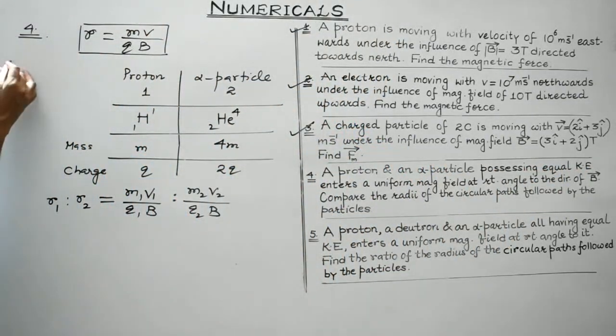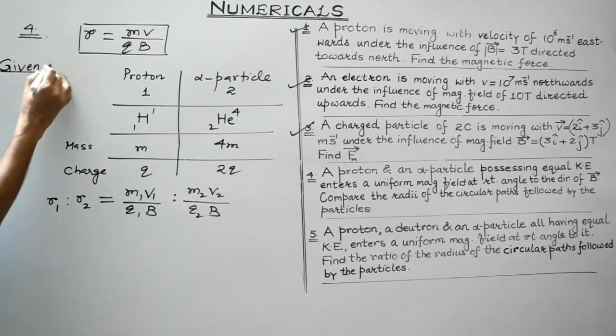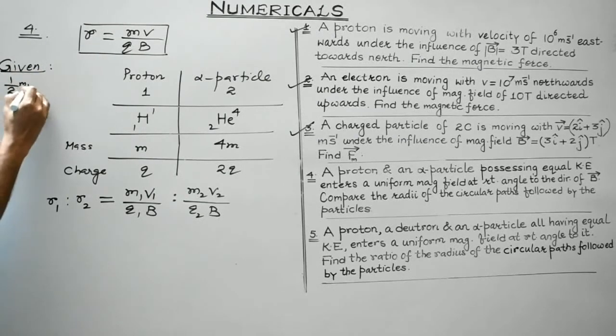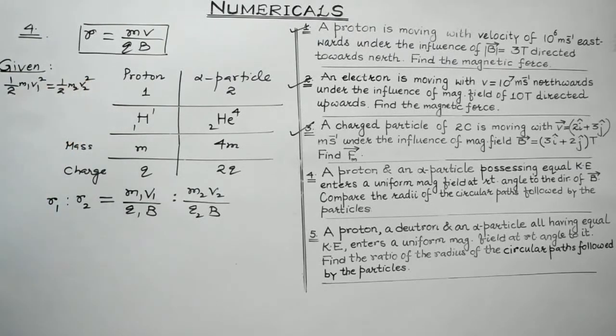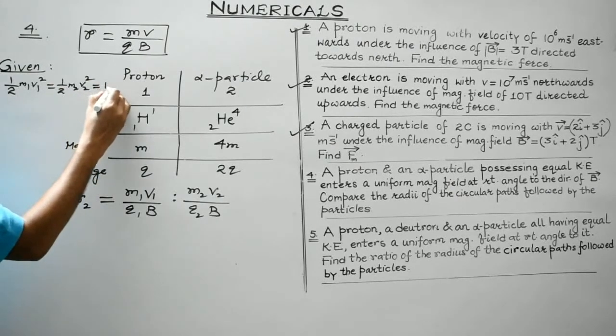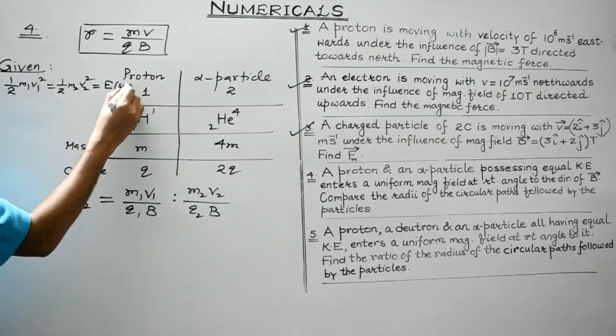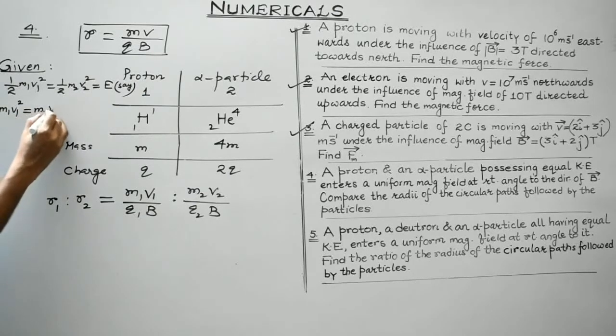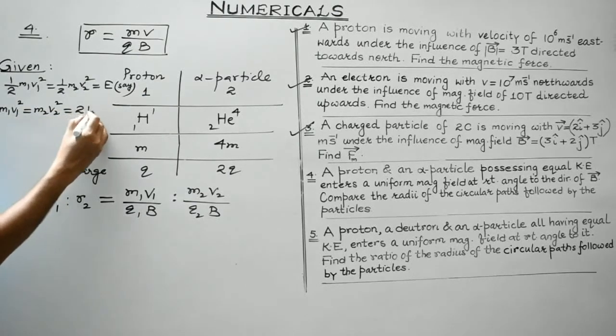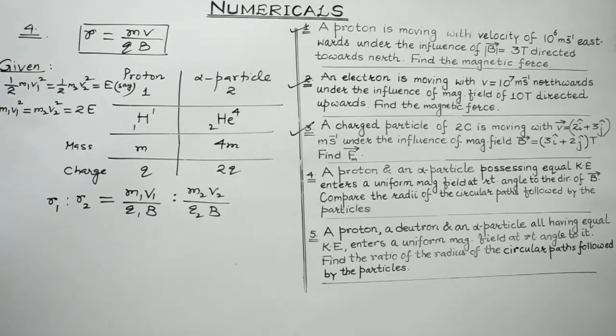What I mean to say is that half m1 v1 square is equal to half m2 v2 square, which is equal to E, say. This kinetic energy is given to be constant. So we get m1 v1 square equals m2 v2 square equals twice E. We can make use of these facts here as well.